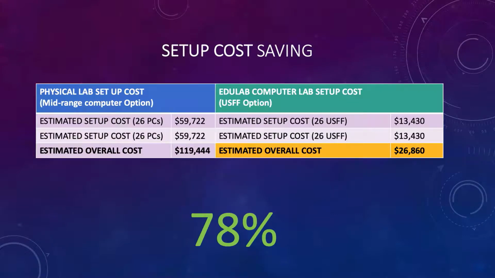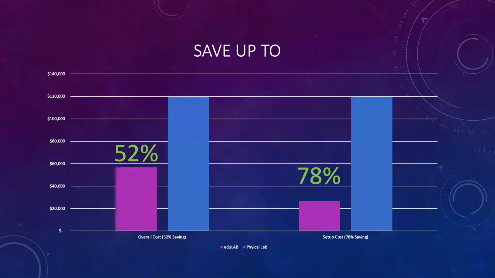And if you're just looking at the setup cost, physical lab versus EduLab with the USFF option, you're saving up to 78%. So overall, this is what it looks like. You're saving overall cost of 52% and setup cost of 78%.